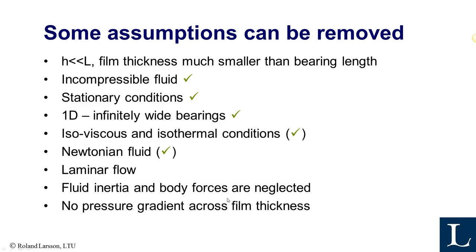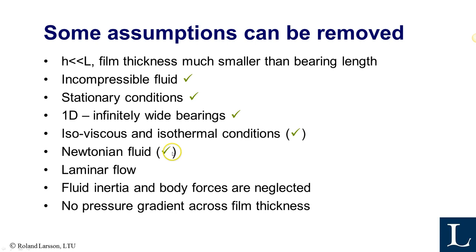So, as I said from the beginning, some assumptions can be removed. For example, compressible fluid is not a problem. Non-stationary conditions is not a problem. A 2D case with a finite width of the bearing is not a problem. Non-isothermal conditions, not a problem, but makes it more complex.